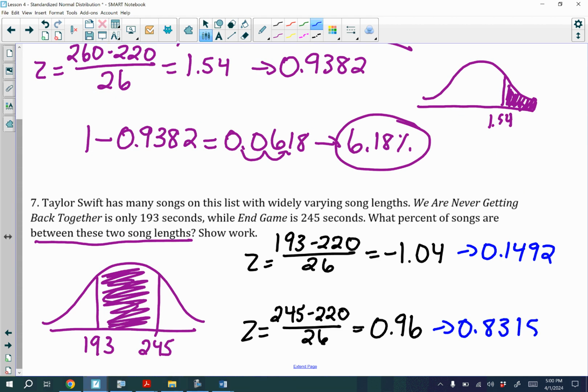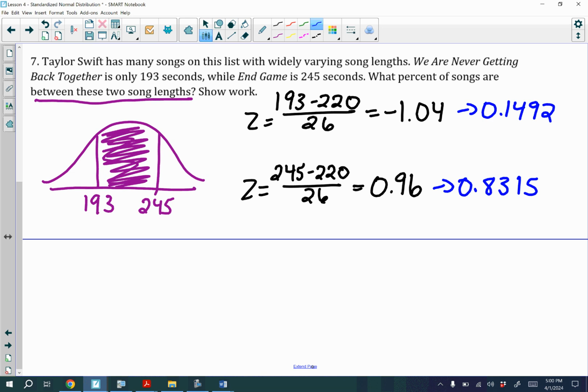Now, what are we going to have to actually do with these two? Well, remember, these two values represent the area to the left. So because both of these represent the area to the left, we're going to have to subtract these two areas to get this middle part.